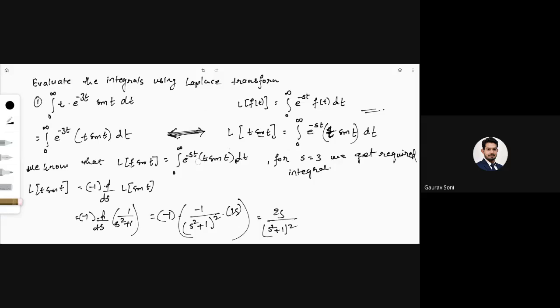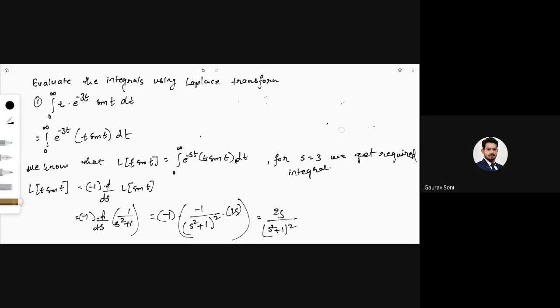So from all this, collecting everything together, we get integral 0 to infinity e to the power minus st t sin t dt is equal to 2s upon s square plus 1 whole square.